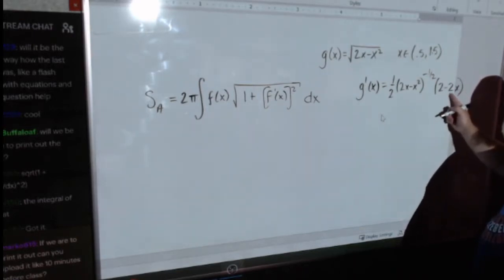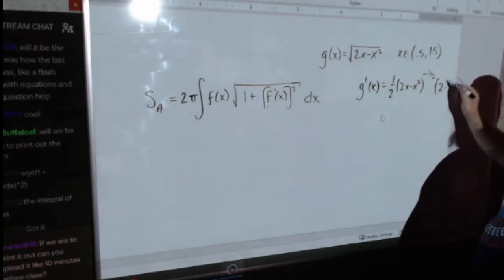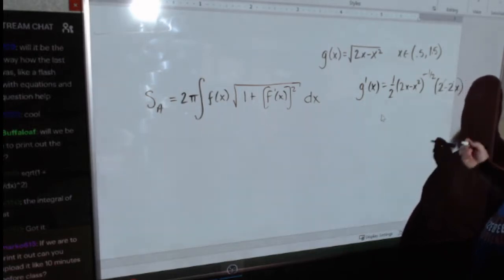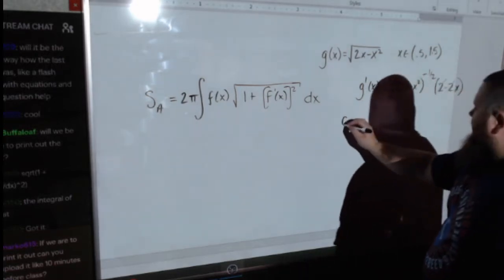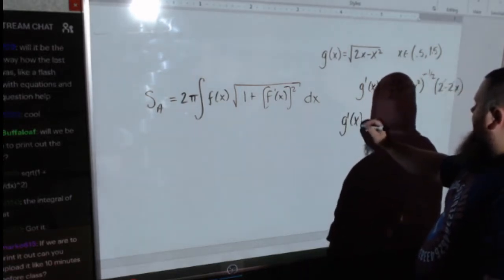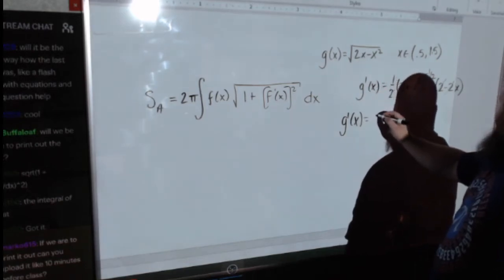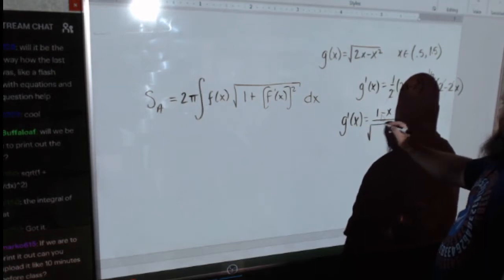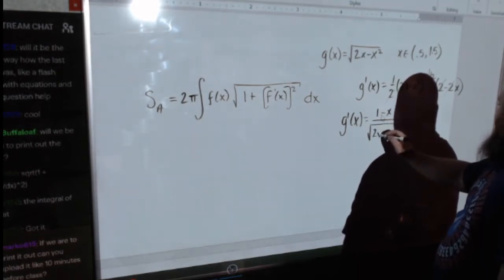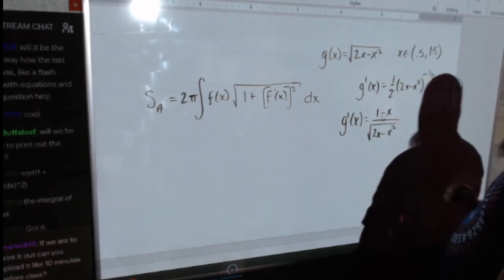Both of those have a 2 in common. There's a 1/2 out there. I'm going to get rid of all these 2's and simplify. So g prime is 1 minus x over the square root of 2x minus x squared.